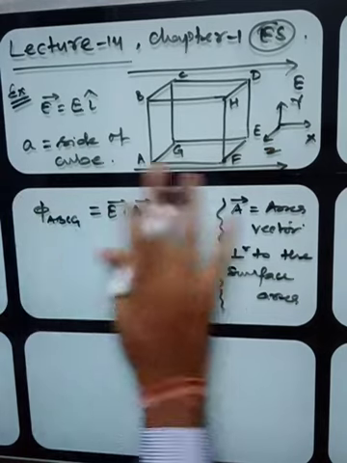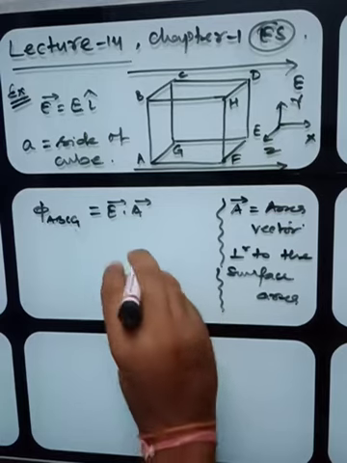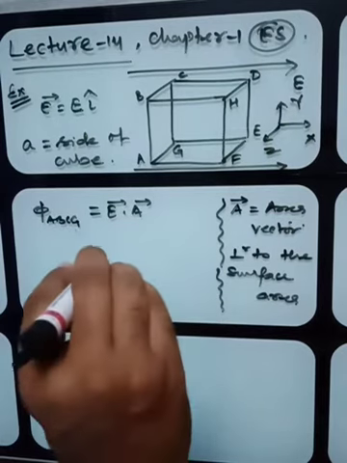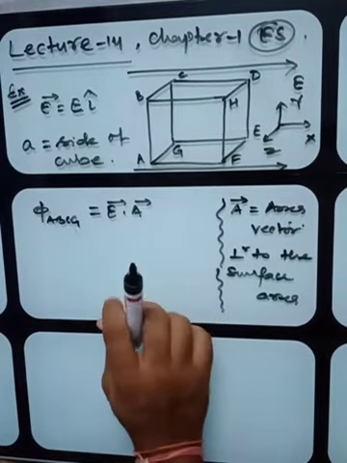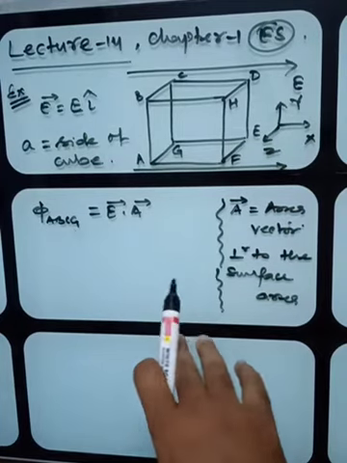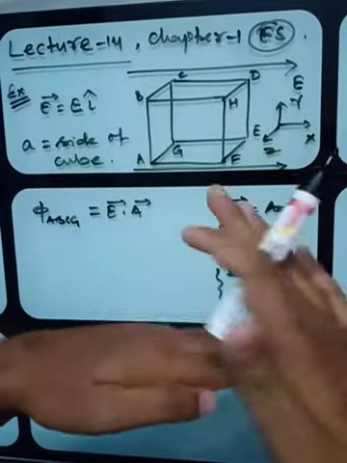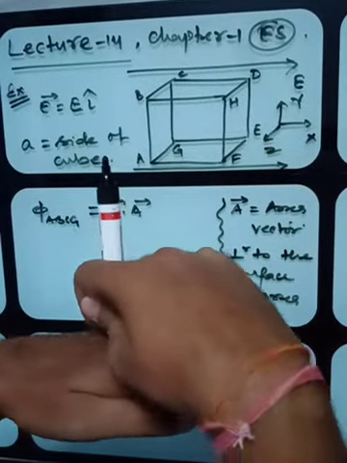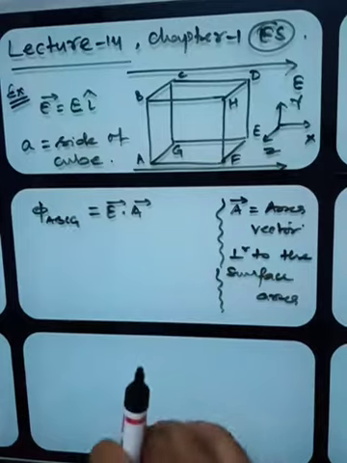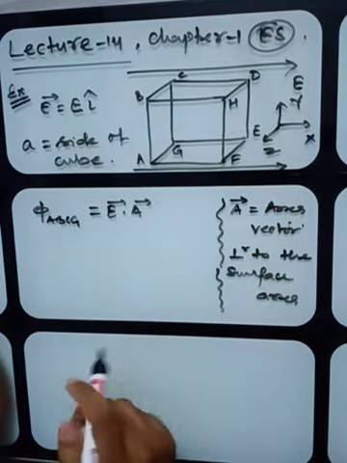This is the magnitude, but what will be the direction of this area? The direction will be perpendicular, upward. So the area vector will be in the direction perpendicular to the surface. So this will be the direction of the area vector here.